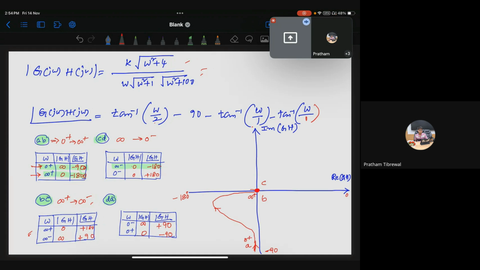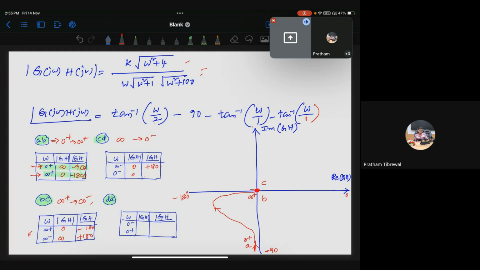I think I marked them wrong. Just a minute. BC, I think I marked them wrong. Minus 180, plus 180. So CD is 0 with plus 180.